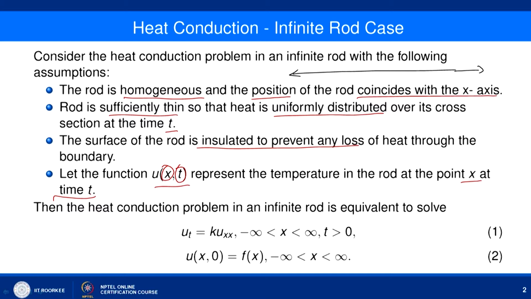Now we are considering the problem of heat conduction in an infinite rod: u_t = k u_xx, where x lies between minus infinity and infinity and t is greater than 0, with the initial condition u(x,0) = f(x), x lying between minus infinity and infinity. Here the constant k depends on the material of the rod, and u(x,0) = f(x) represents that at time t = 0 the temperature at the point x is given by f(x).